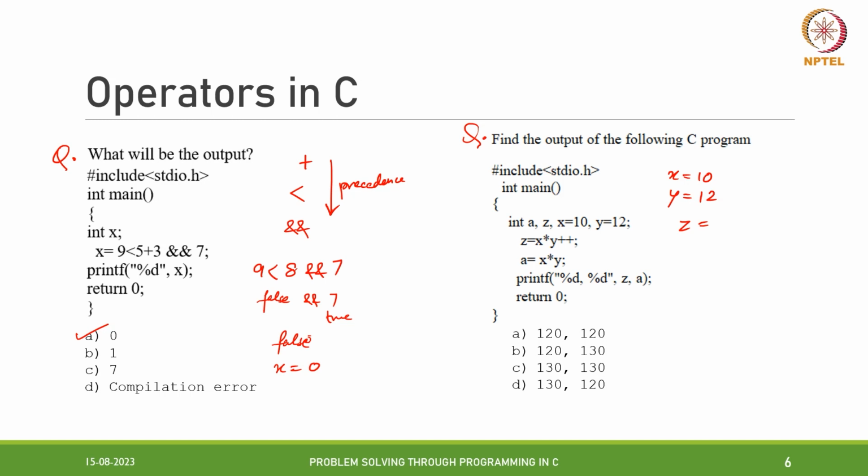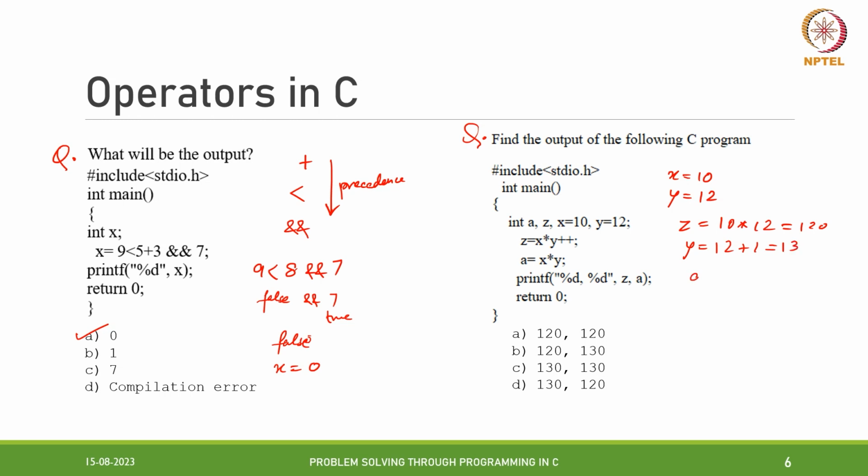Whatever other operation is present will happen first, and then the increment will happen later on. Here the other operation is the multiplication. So x into y will happen first, that is 10 into 12, right? And z will become 120. After that the y value will be incremented by 1 and it will become 13.